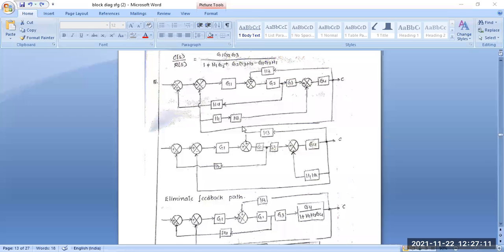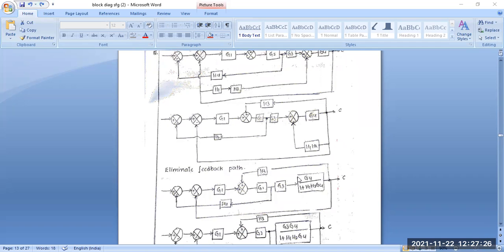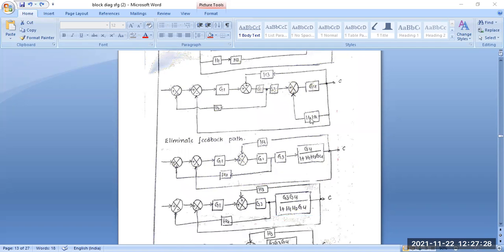That means H1 and H2 are connected from this point to this point. First we have to cascade this feedback loop, that is H1 H2. Next you have to eliminate the feedback path. The other point is also the same.